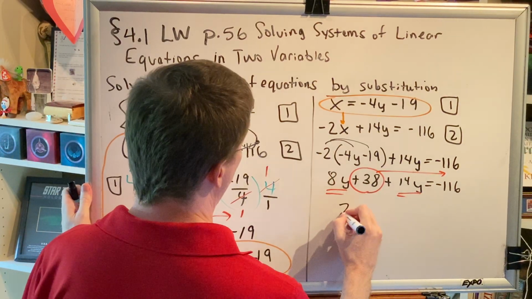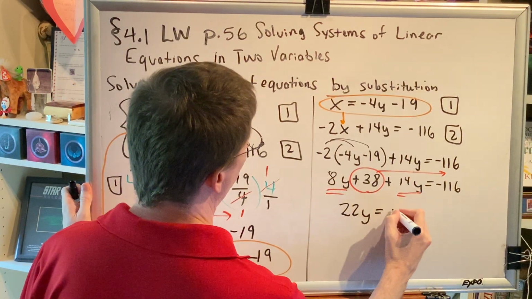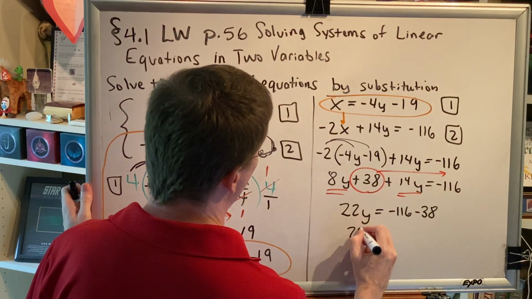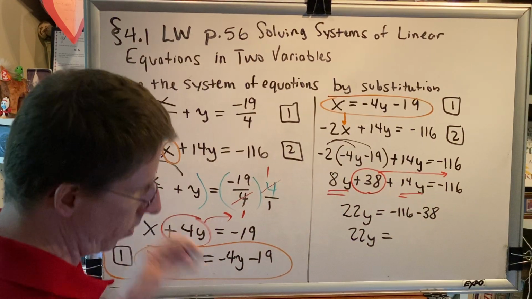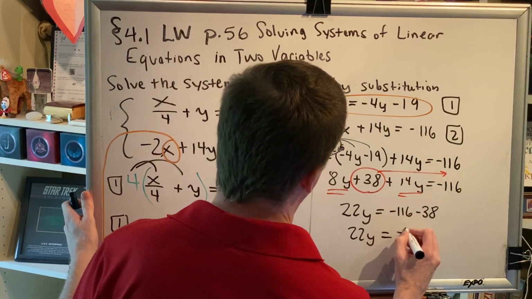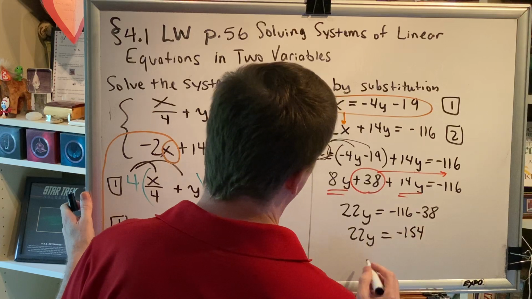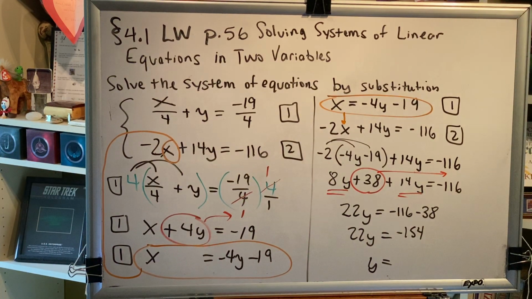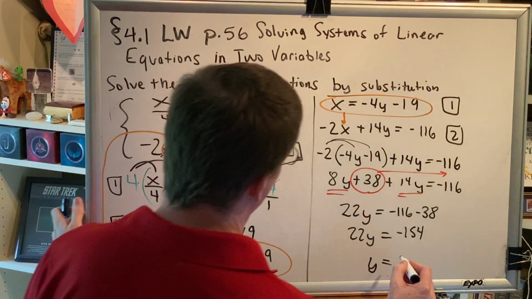So then that's going to give us 22y equals negative 116 minus 38. 22y equals negative 154. Divide by 22 on both sides. Y equals negative 7.